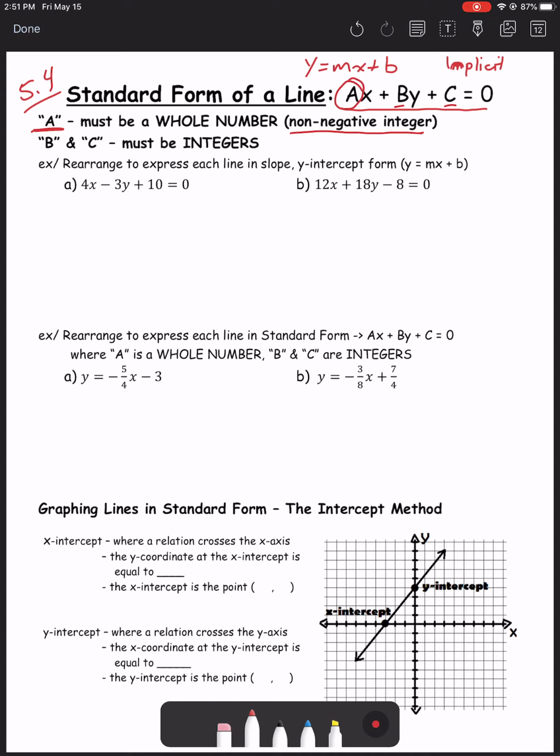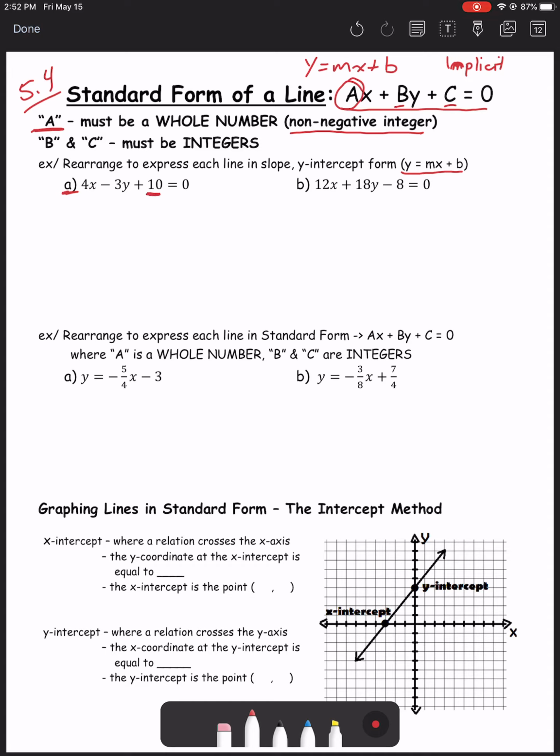So the first thing we're going to look at is how do we rearrange the equation? And we've done this rearranging thing before. How do we rearrange them so that we can get them into y equals mx plus b form? Because right now, if we take a look at question A here, you might want to say that the y-intercept is 10, but it actually isn't.